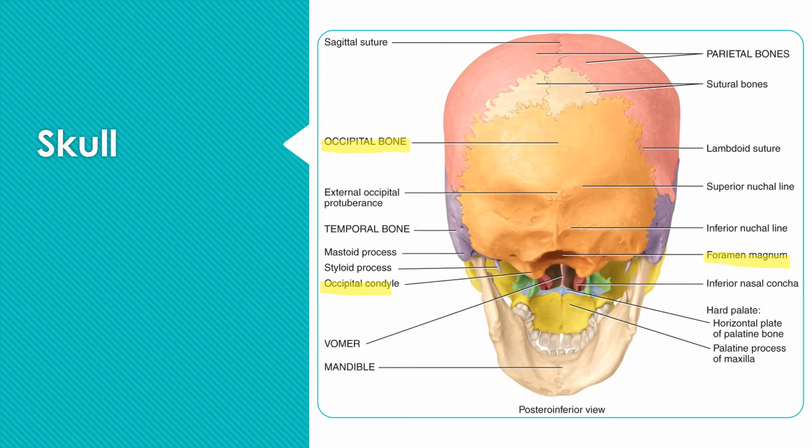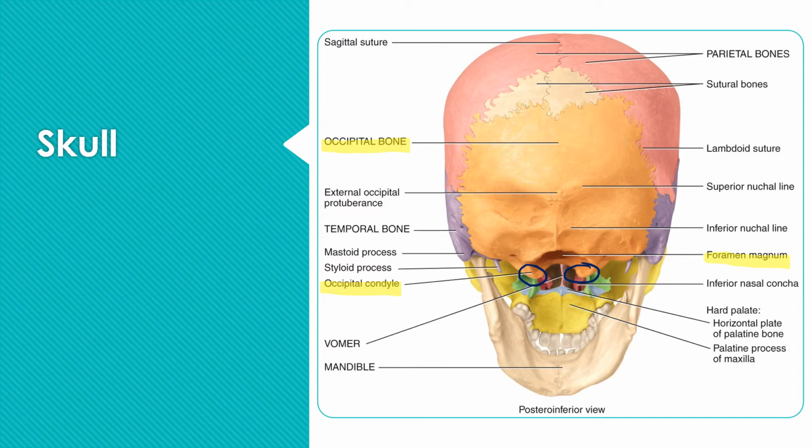The occipital condyles here, one on either side, are going to be oval processes with convex surfaces on either side of the foramen magnum. These articulate with depressions on the first cervical vertebrae, the atlas, and they form the atlanto-occipital joint.